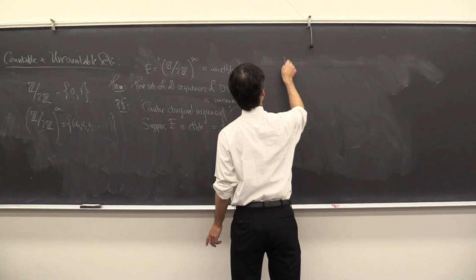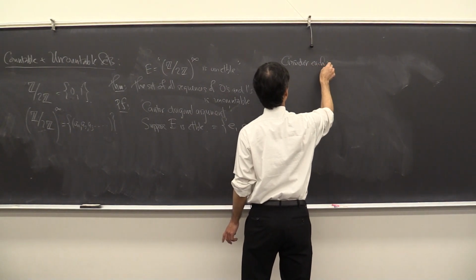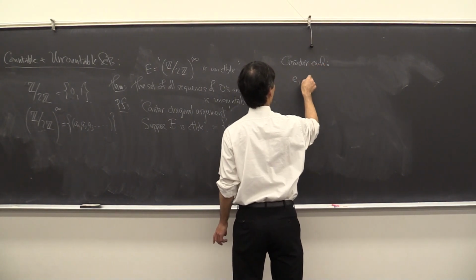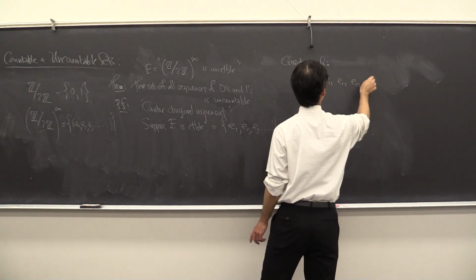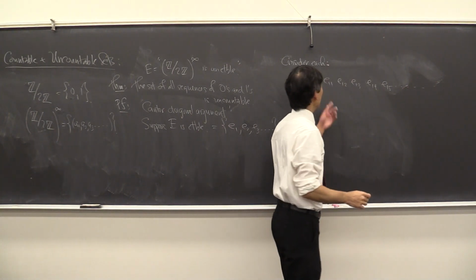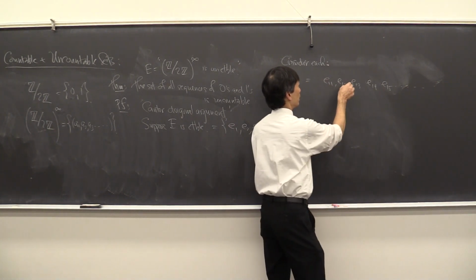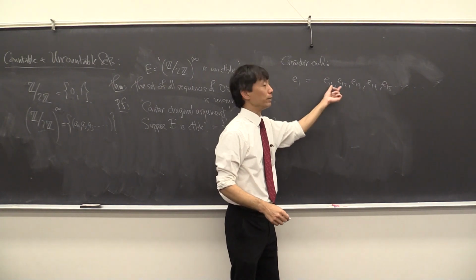So consider each sequence. E1 is going to look like E11, E12, E13, E14, E15, etc., where each of these things is a 0 or a 1. It's a sequence of zeros and ones.